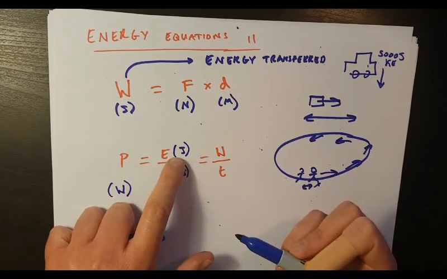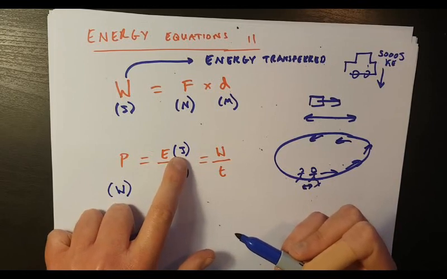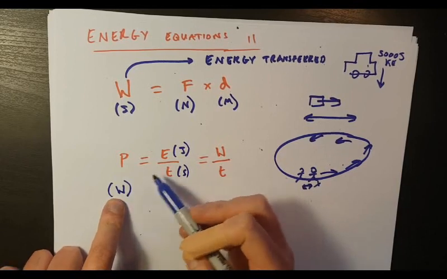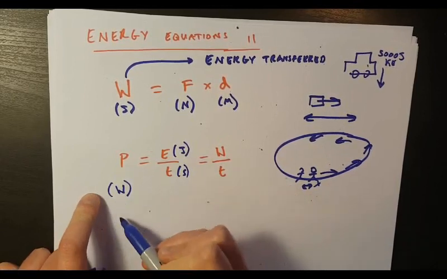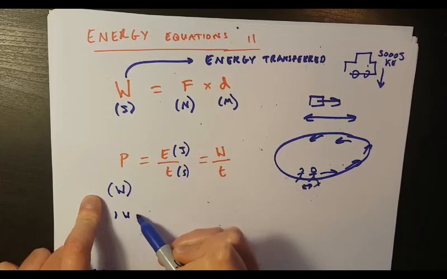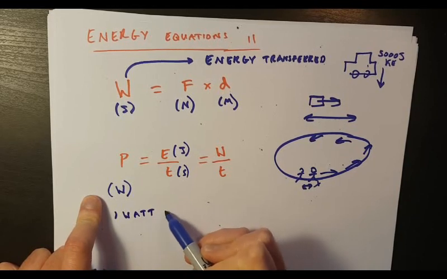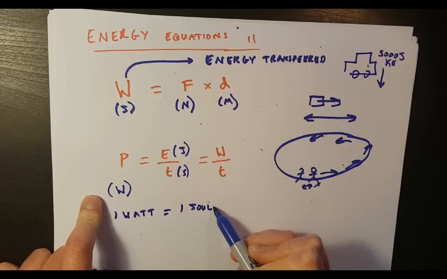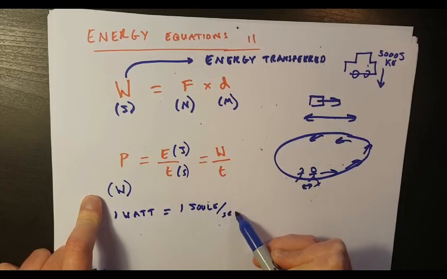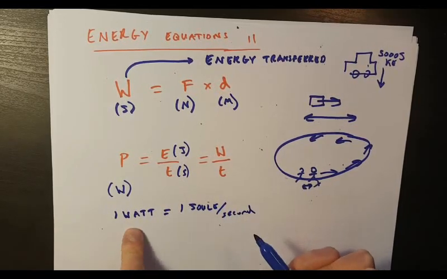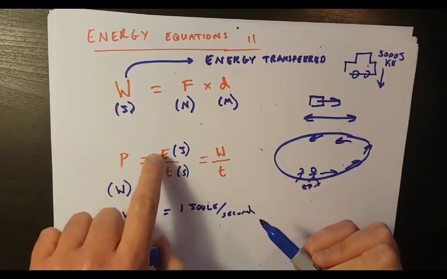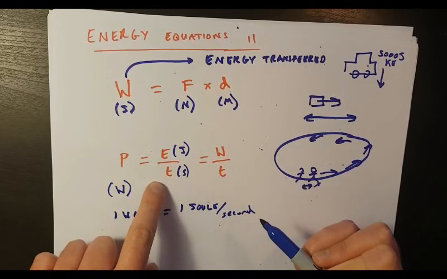If they're giving it to me in kilojoules, do I need to convert it to joules first? So let's think about what that means. If a watt is joules per second, what that actually means is 1 watt of power is equal to 1 joule per second. So 5 watts would be 5 joules per second.